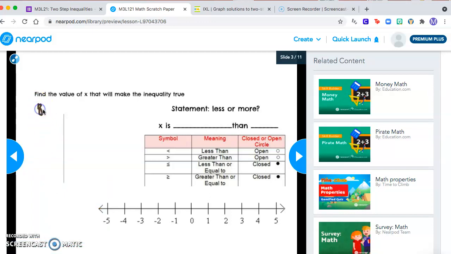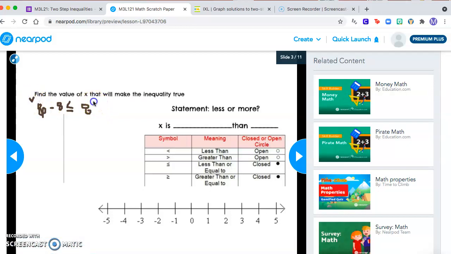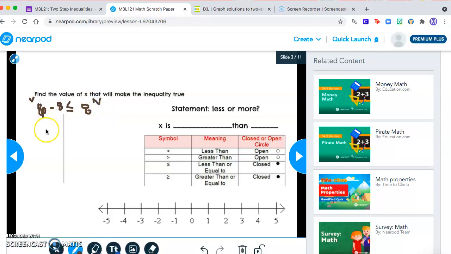So you could write 8p minus 8 is less than or equal to 8. And you have the variable side, you have the number side, and it's basically the same thing, right?